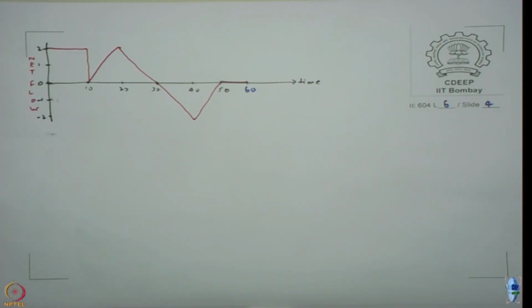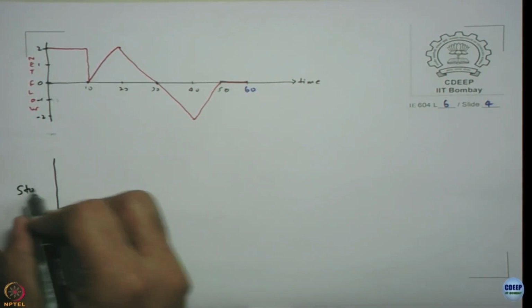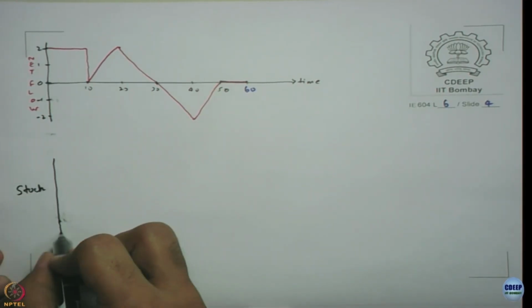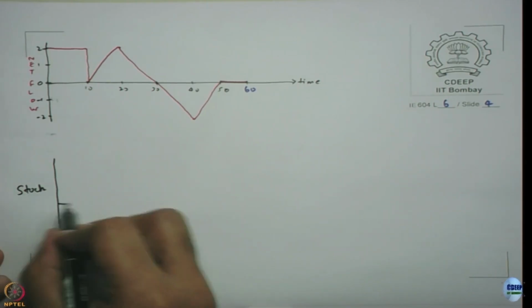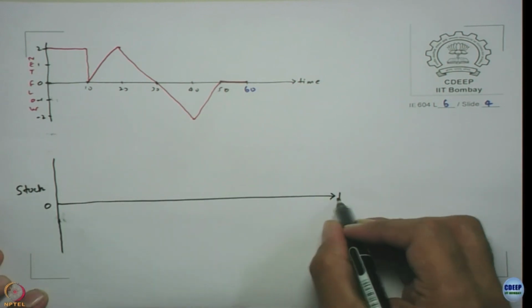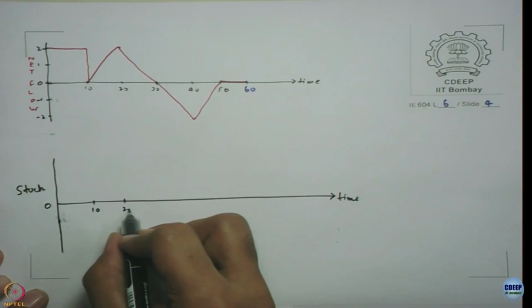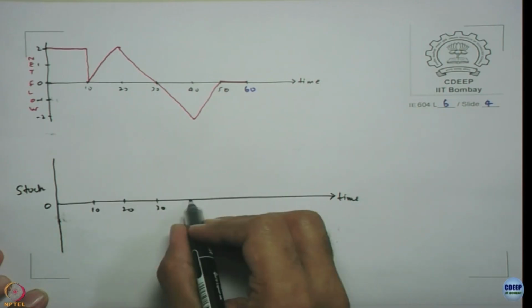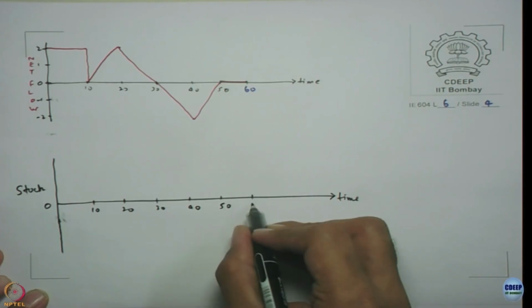So how will the output stock look? I am just going to mark the time units 10, 20, 30, 40, 50, 60.